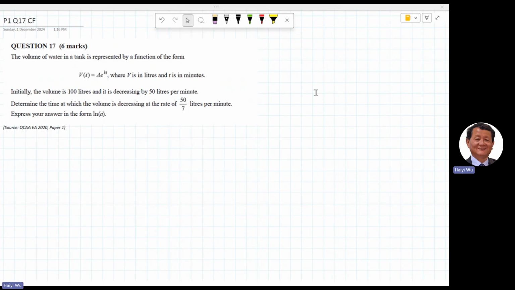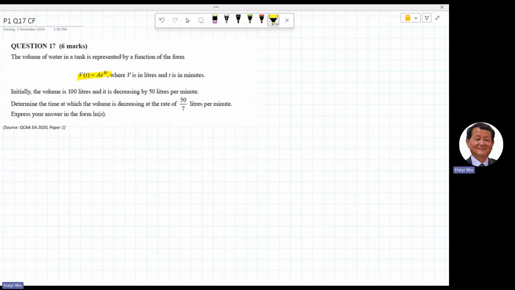So have a look at the function first. We've got two unknown coefficients, A and K. V is in liters, and t is time in minutes.